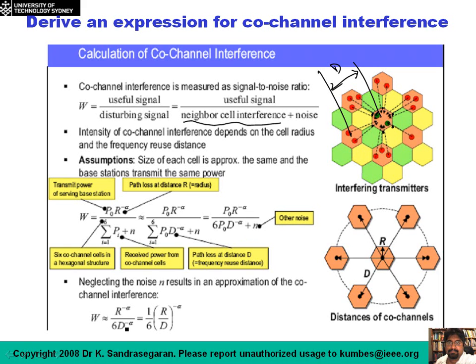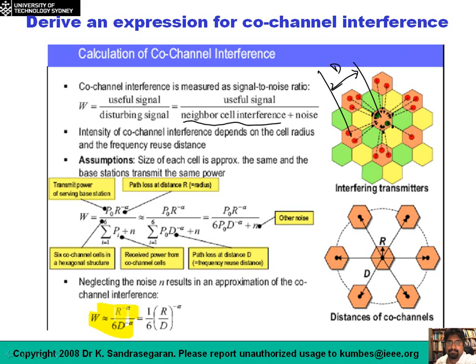If you neglect noise, we get an expression for the carrier to interference ratio. Again, there are a lot of assumptions in this equation, but it's a simplified form. It gives us an idea of what the carrier to interference ratio depends on.